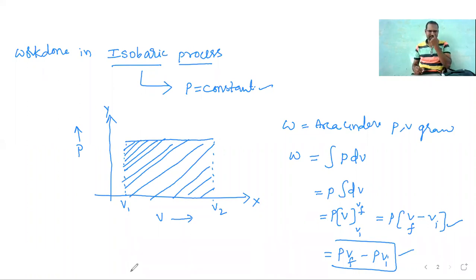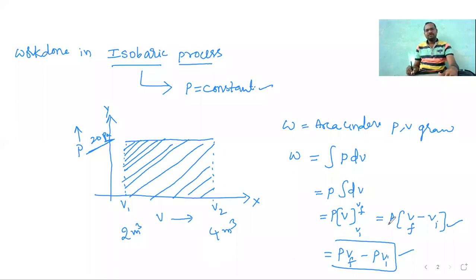Very easy. Clear, students? Any doubt about isobaric process? It is very easy and you may get very simple questions. For example, pressure is 20 Pascal, the initial volume of gas is 2 meter cube and the final volume is 4 meter cube. Then what is the work done? Can you find?